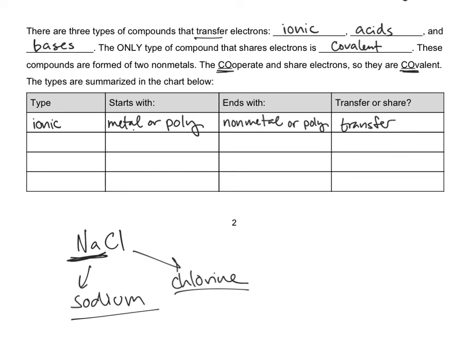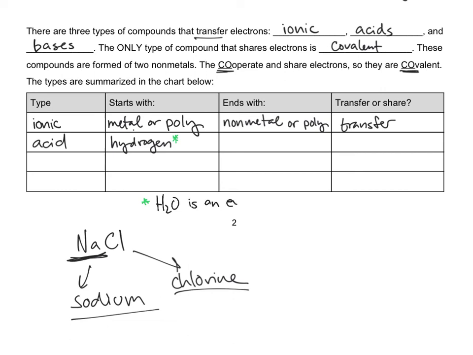The next type is acid. Acids are special. They only start with one specific element, and that element is hydrogen. If it starts with hydrogen, it's an acid. There is one exception to that. That one exception, which I'm going to mark with a little green asterisk down here, is H2O, water.